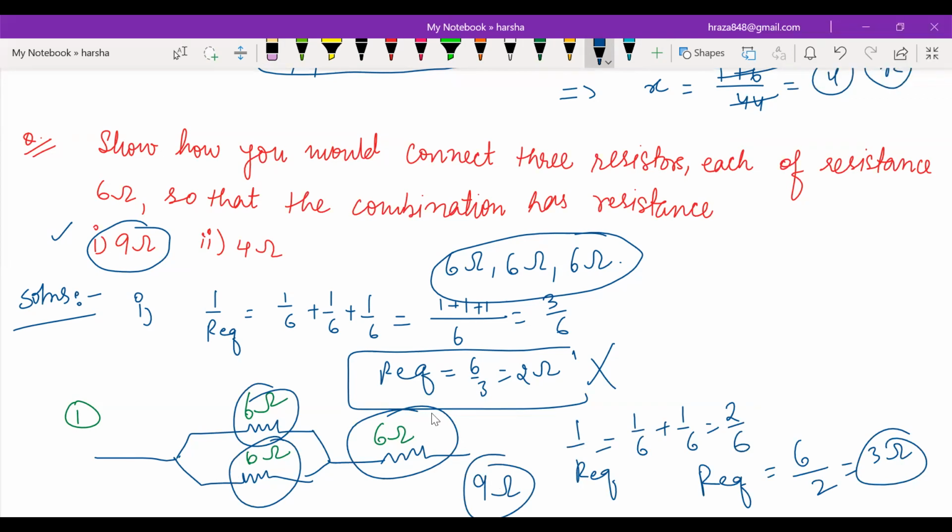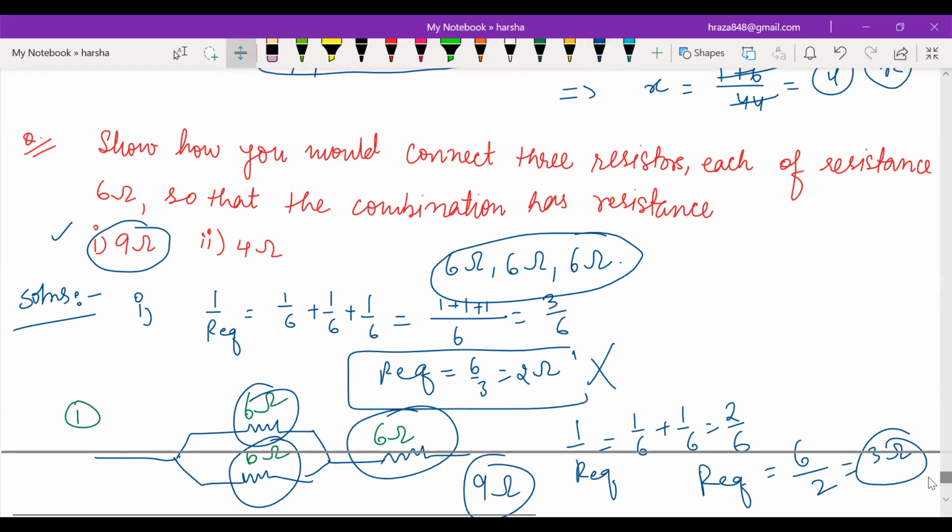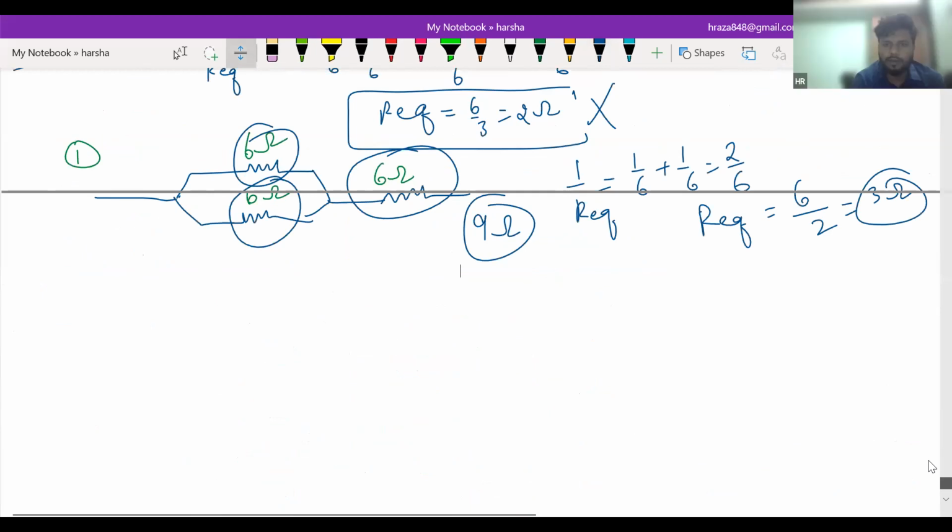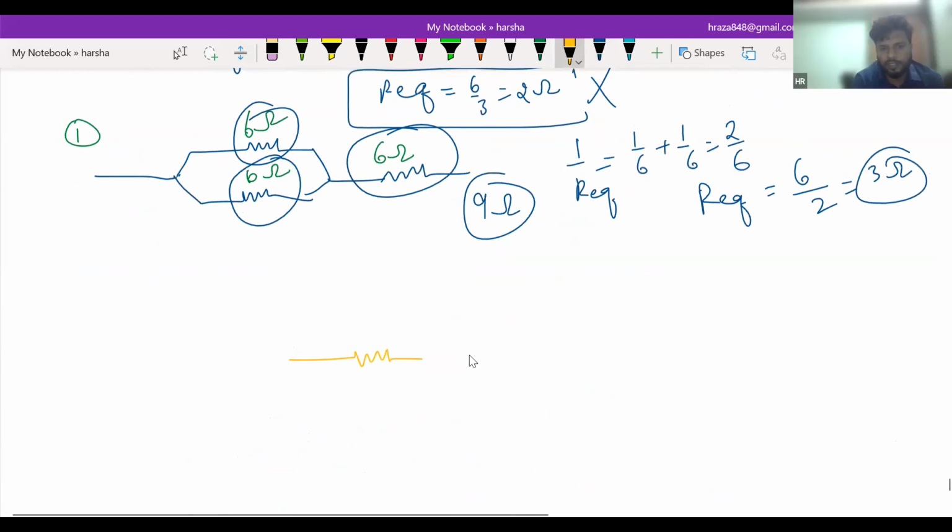Yes, sir. Now see, what we are going to do is two resistances in series and one resistance in parallel.